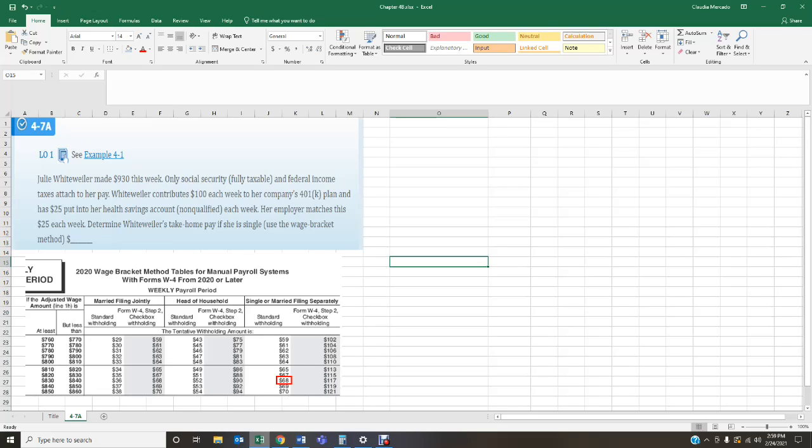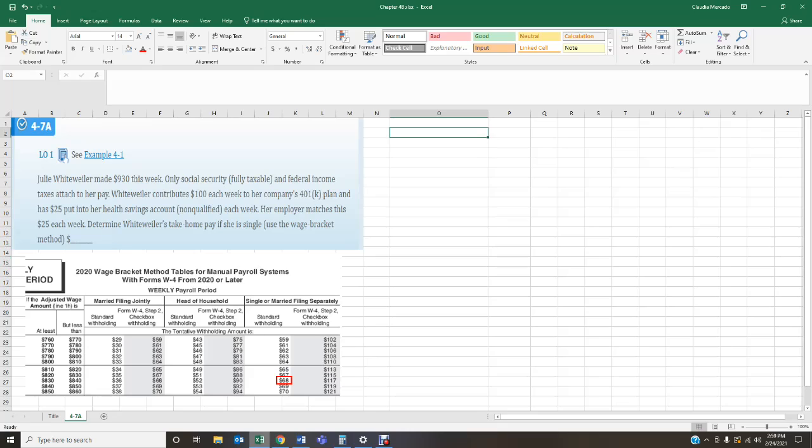White-Wheeler contributes $100 each week to her company's 401k plan and has $25 put into her health savings account, non-qualified, each week. Her employer matches this $25 each week. Okay? We have to determine White-Wheeler's take-home pay if she is single, and we are going to use the wage bracket method to calculate the federal income tax. Okay? So, let's get started.